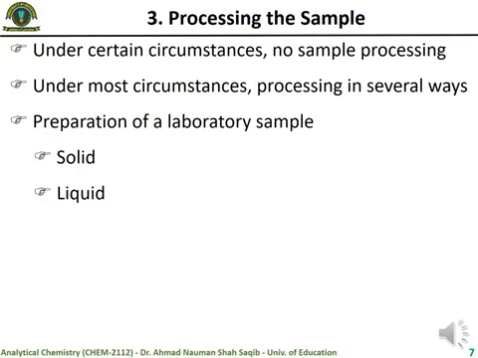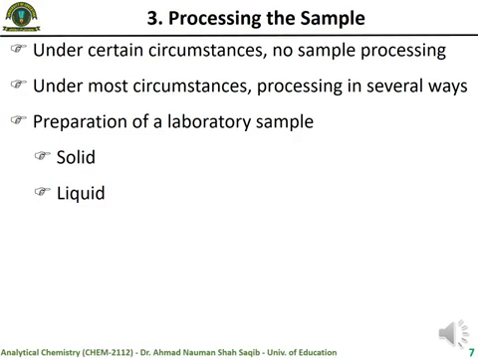For example, when we are trying to prepare a laboratory sample, we want to analyze some sample in the laboratory, so we can have mostly either a solid sample or a liquid sample. If we have a solid sample in the form of large pieces, the first process we have to apply is to grind it and make it into powder form.